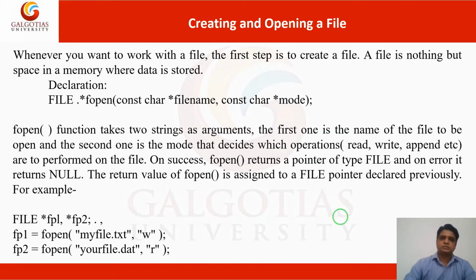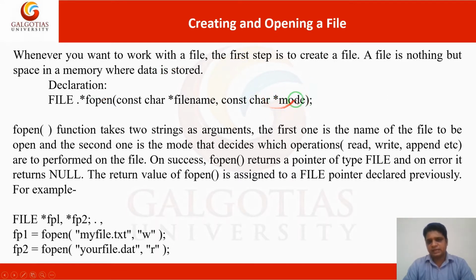Now, if I want to open a file, we should know the declaration of the file opening function. Basically a file is nothing but a space in memory where you are storing the data. The declaration is simply FILE pointer fopen. fopen is the function that opens a file in different modes.